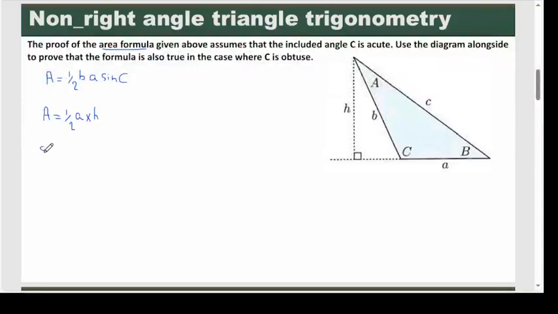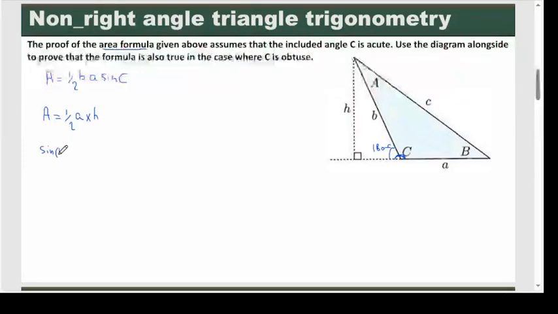We know here it's a straight line. For a straight line, the angle is 180. So if it's C, this angle would be 180 minus C.